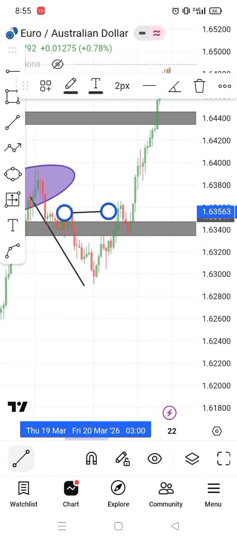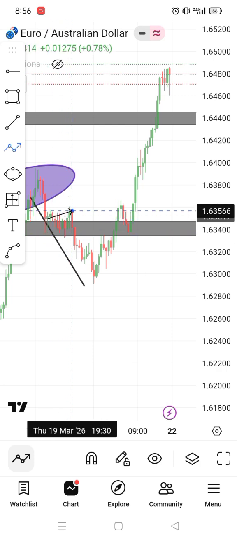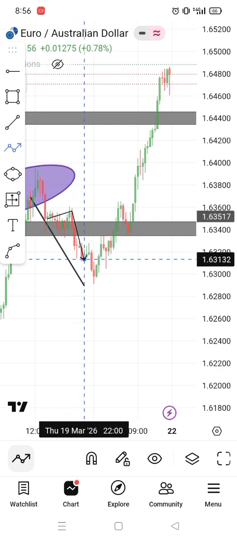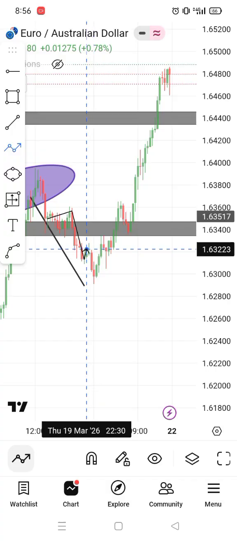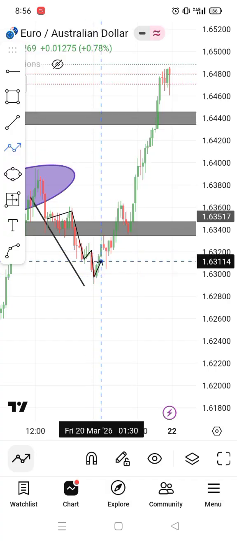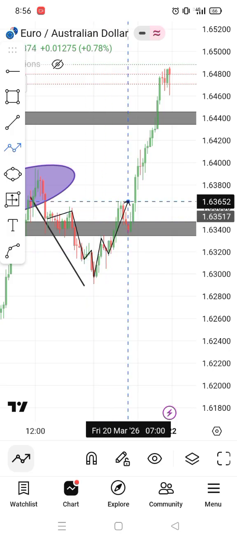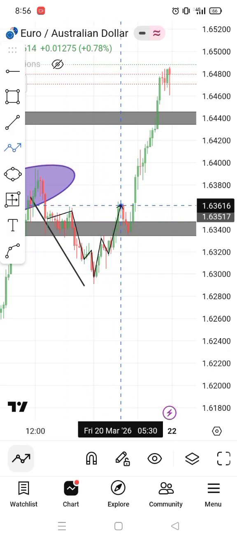See, so we do have a little consolidation here, then make this lower high, made a lower low and a lower high and a lower low, and then price started to break that one, and then we break this level.